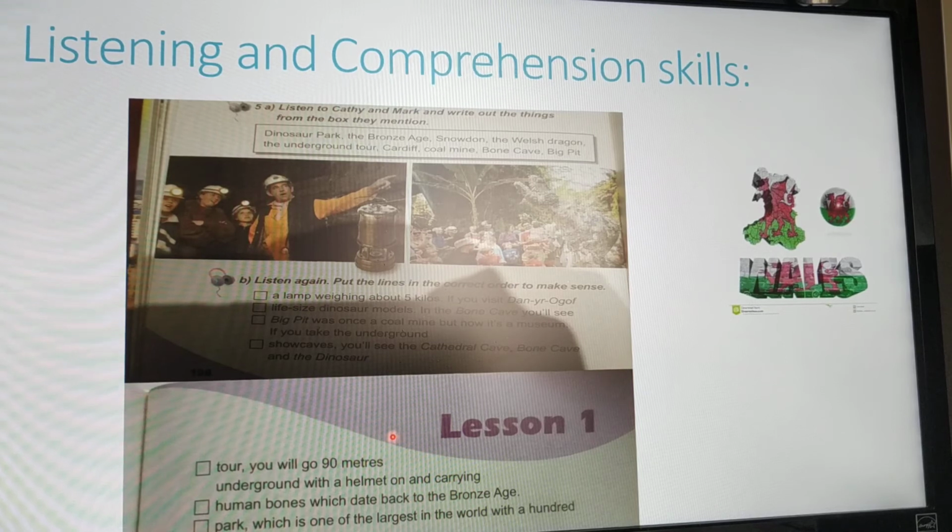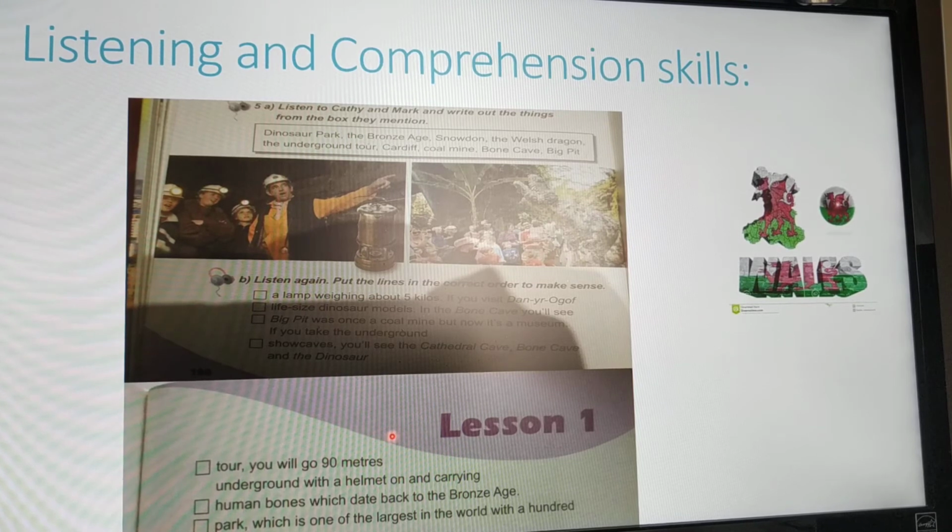Yes, the coal museum is great, but you must also see Dan-yr-Ogof show caves. That's an experience you'll never forget. There are a great number of beautiful caves there. The magnificent Cathedral Cave, for instance. Do you know that people actually get married there now?